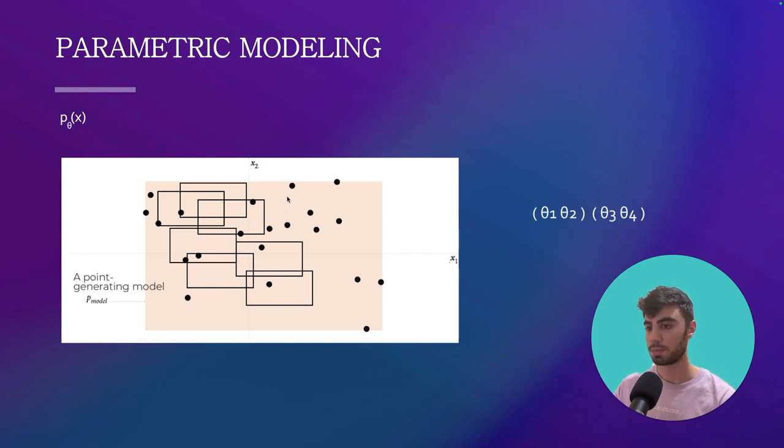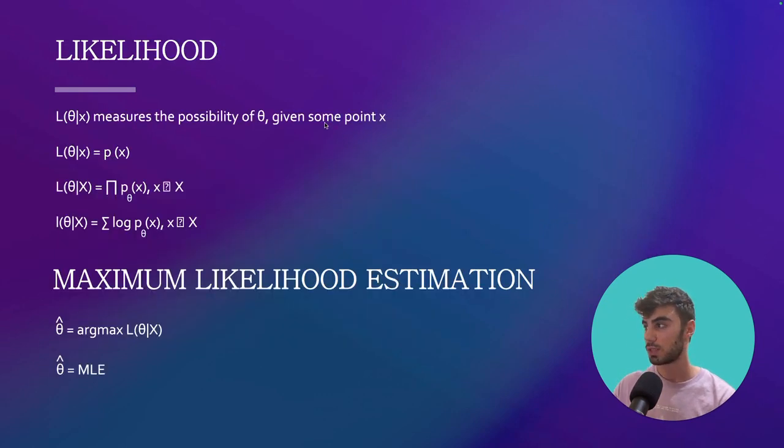And we can say that theta depends on theta 1, theta 2, theta 3, and theta 4. This is also helping us in the model's predictions and generations.